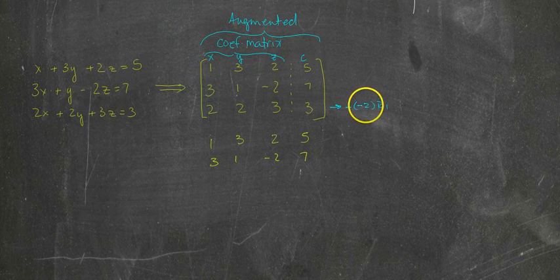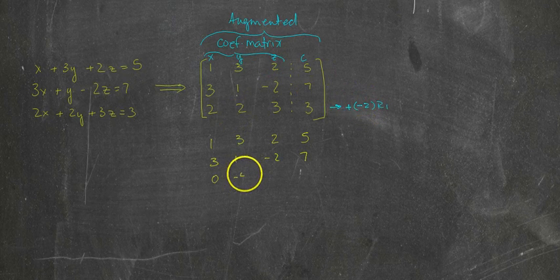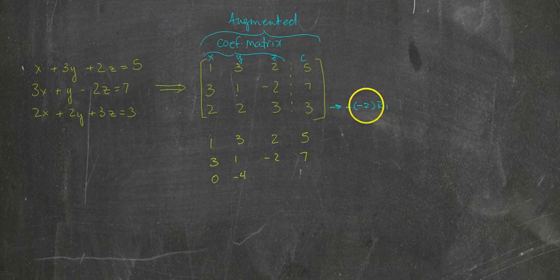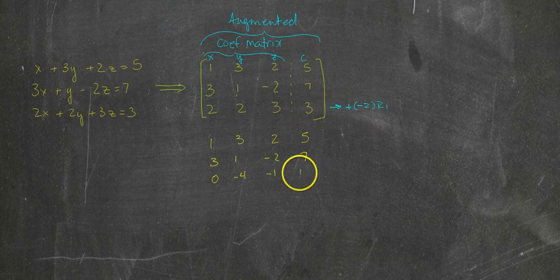1 times -2 is -2 plus 2 is 0. 3 times -2 is -6 plus 2 is -4. 2 times -2 is -4 plus 3 is -1. 5 times -2 is -10 plus 3 is -7. Done.